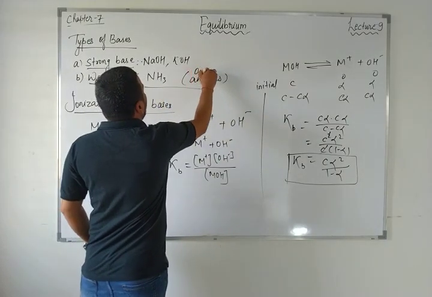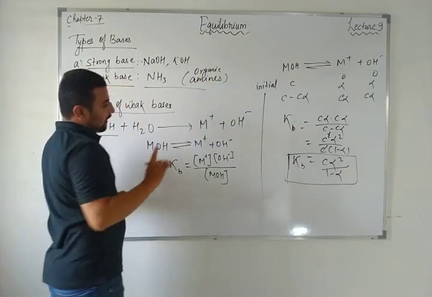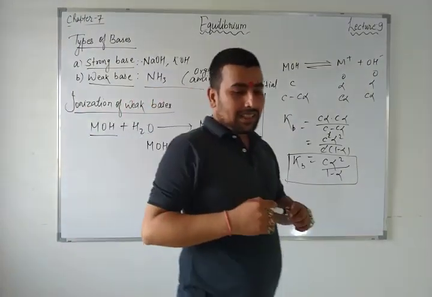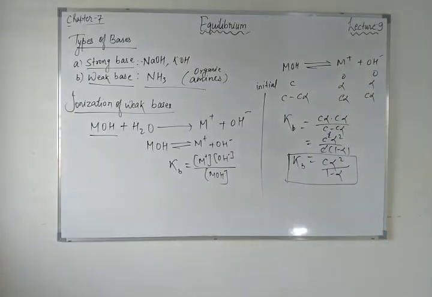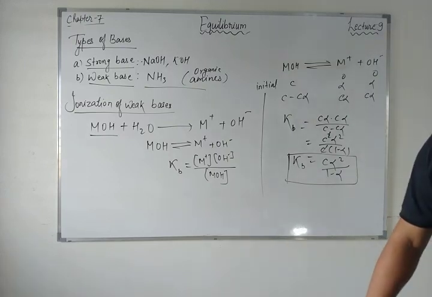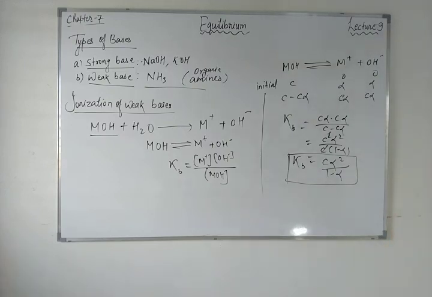Remember this: all the organic amines are weak bases. The values of ionization constant are already given in your NCERT textbook, so you can notice them from there, and we are going to solve one question here.